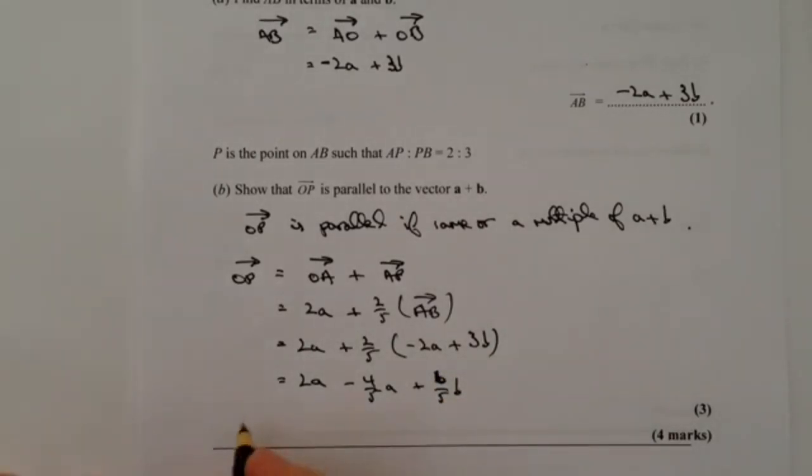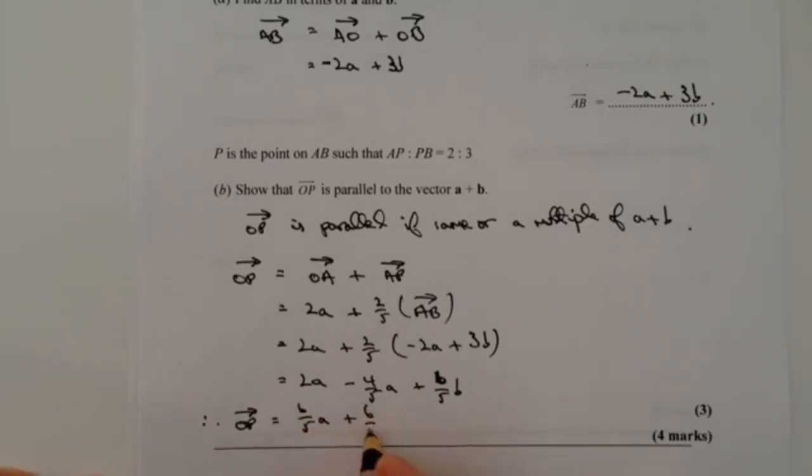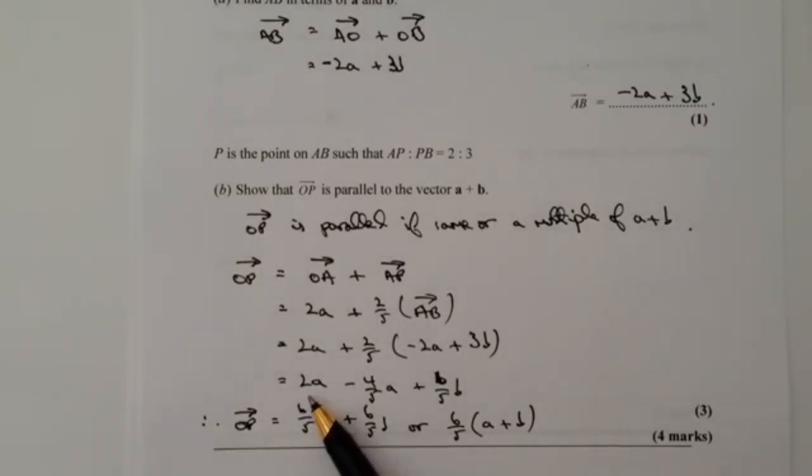Okay, so therefore vector OP equals 6/5 a plus 6/5 b, or I could write that as 6/5 (a plus b). And again, working out this fraction, you've got 2 wholes minus 4/5, and you need to work through fractions in dealing with that.